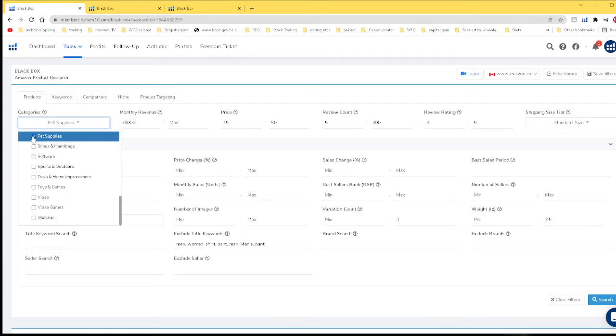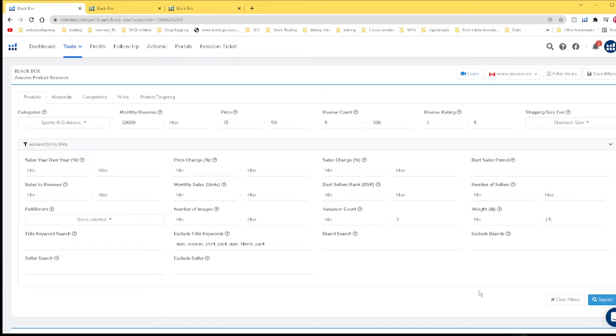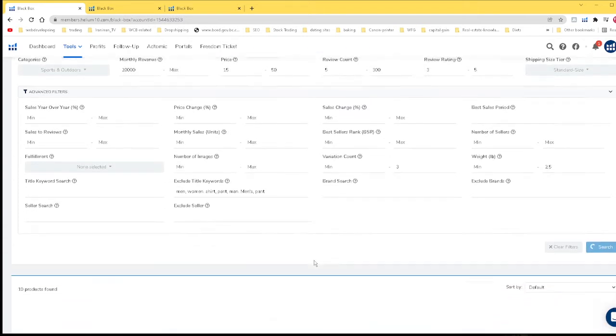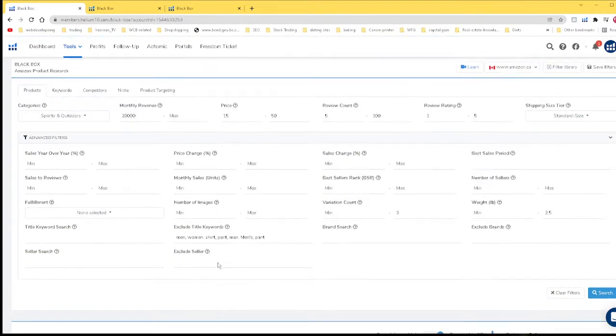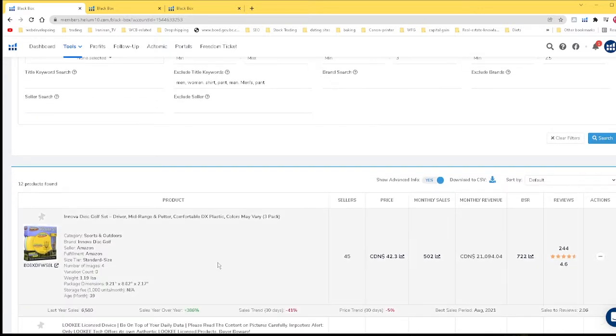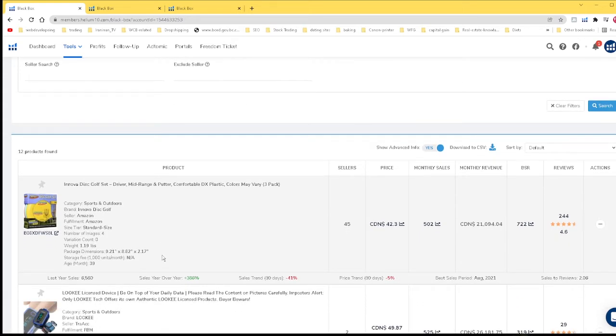So now we're going to go to a different category. As I said earlier, I'd rather go one at a time, so I know what niche or category I'm looking at, rather than going to all categories where sometimes I don't know what they are, so it might cause problems. So let's start with the new category which I already put.